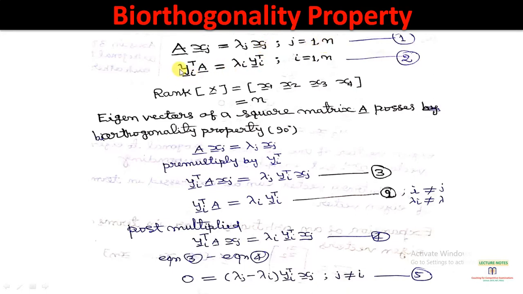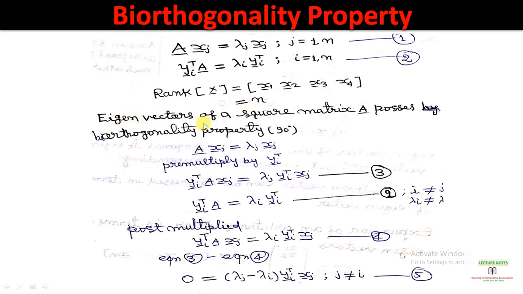And the next equation: the transpose of the column vector y_i times the square matrix A equals lambda_i times the transpose of y_i, where i varies from 1 to n. So the rank of the matrix with column vectors x1, x2, x3 and x4 should equal n. Then we can use the property.